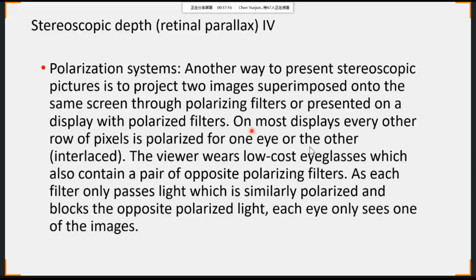On most displays, every other row of pixels is polarized for one eye or the other. This is called interlaced. The viewer wears low-cost eyeglasses, which also contain a pair of opposite polarizing filters. As each filter only passes light which is similarly polarized and blocks the opposite polarized light, each eye only sees one of the images.